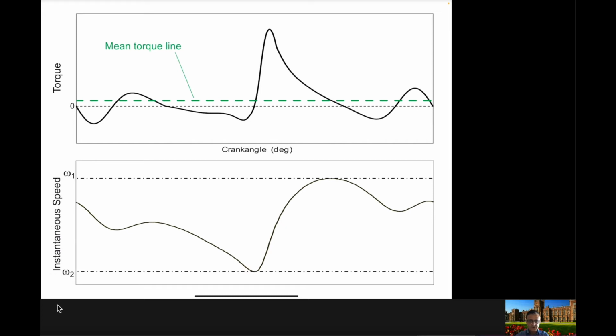Obviously the crankshaft is rotating, so here we are talking about the angular velocity. Angular velocity omega 1 is the maximum angular velocity of the crankshaft, and omega 2 is the minimum angular velocity of the crankshaft. And obviously this is the crank angle here.